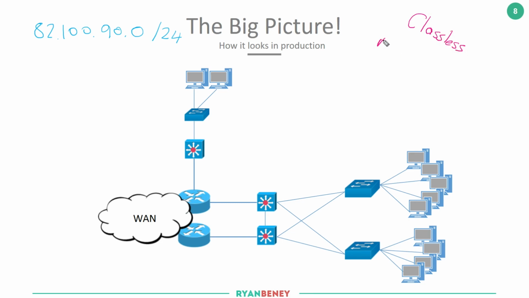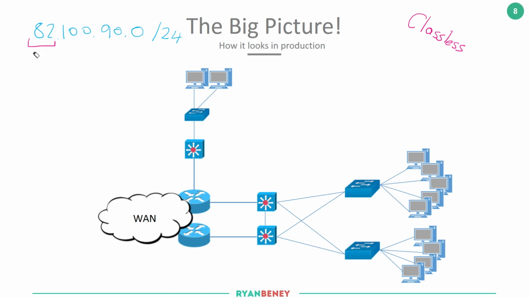Now first things first, we're talking here classless and not classful. If we were talking classful, we would look at the first octet and say this is a class A, and because it's a class A, the first octet is the network portion and the following 3 octets are the host portion. However, that's not the case. We're dealing with classless.